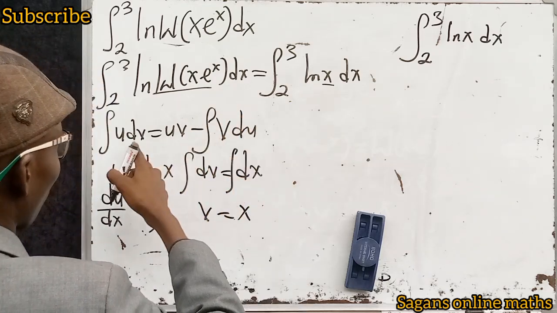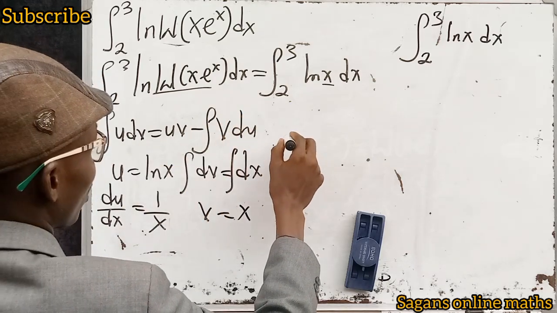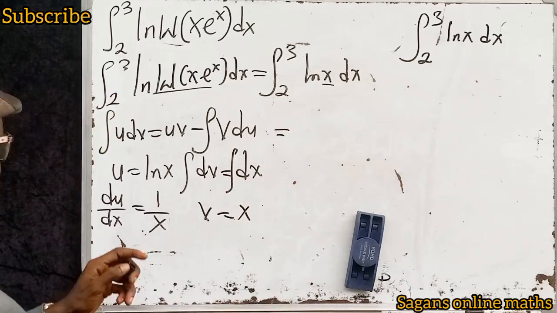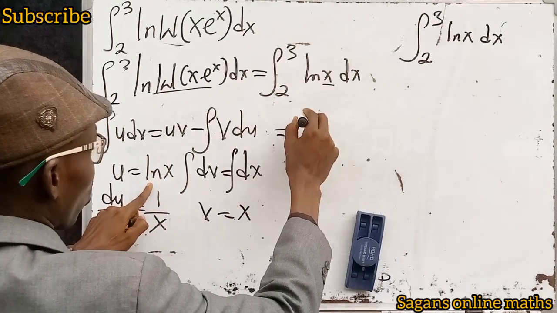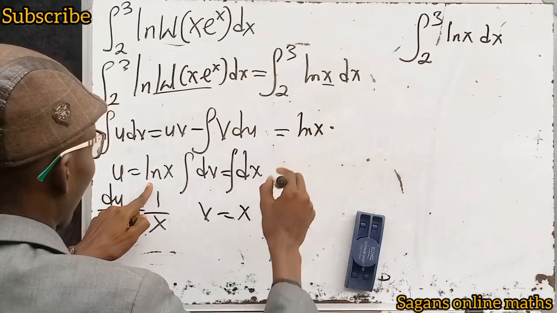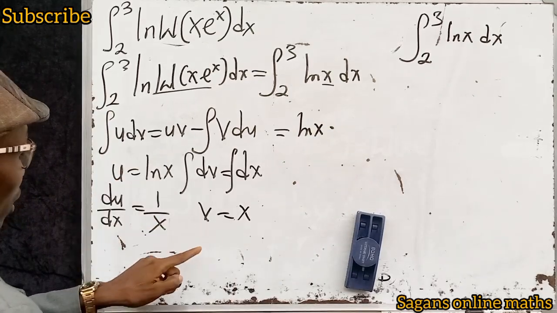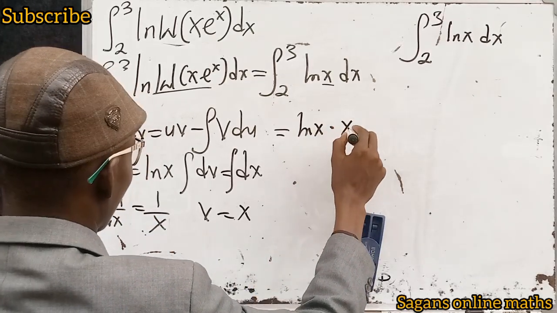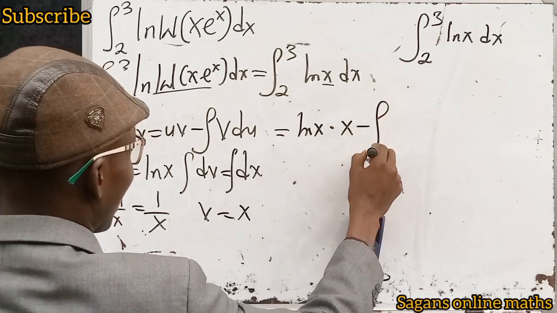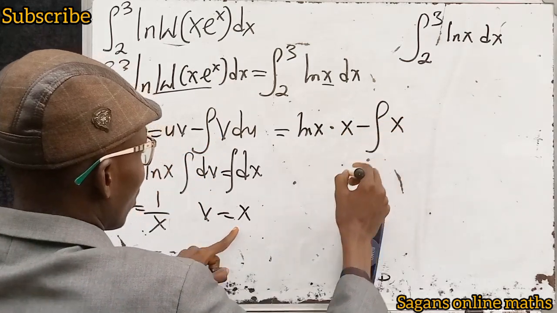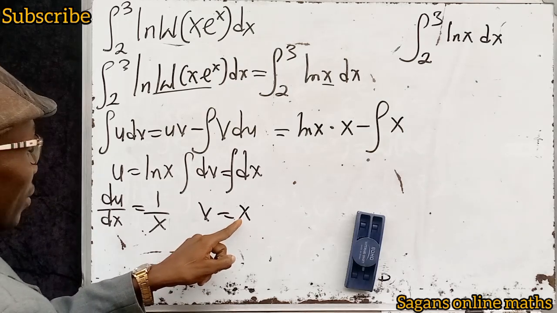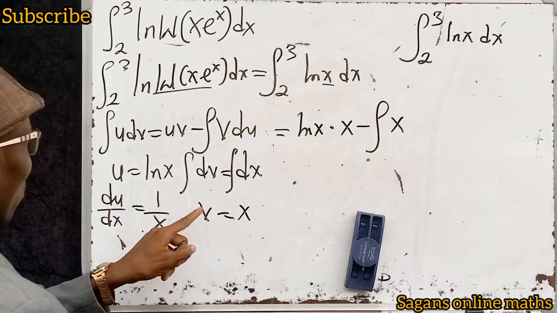Now, let's put this in the formula. Look at the formula. That means this will be equals to, u is ln x, multiplied by v, which is x, minus the integral of v, which is x, multiplied by du.